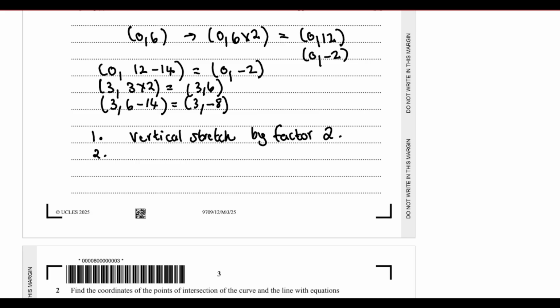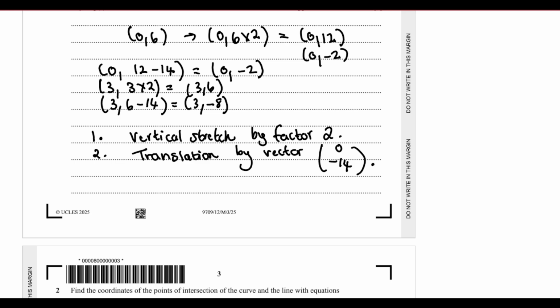That happened first. Then there was a translation by vector 0, negative 14. That happened next.